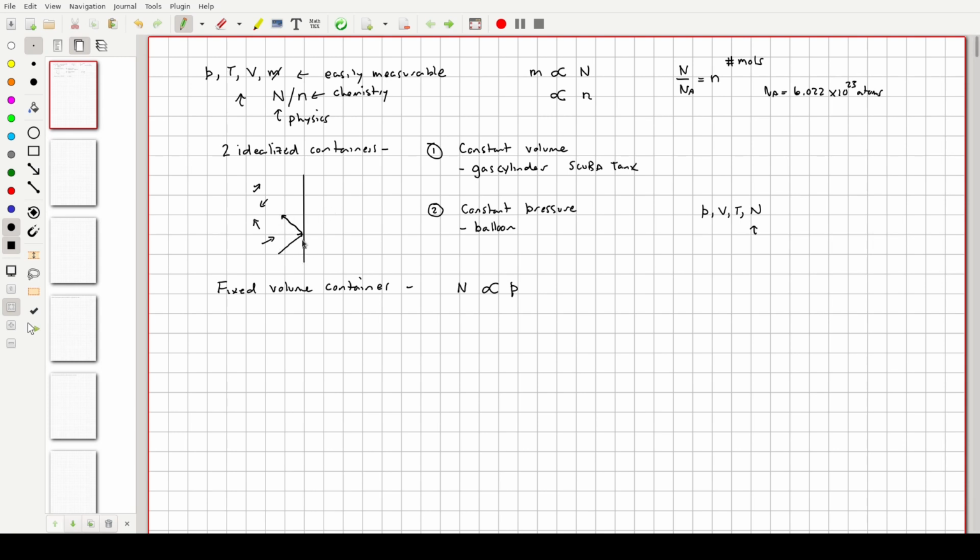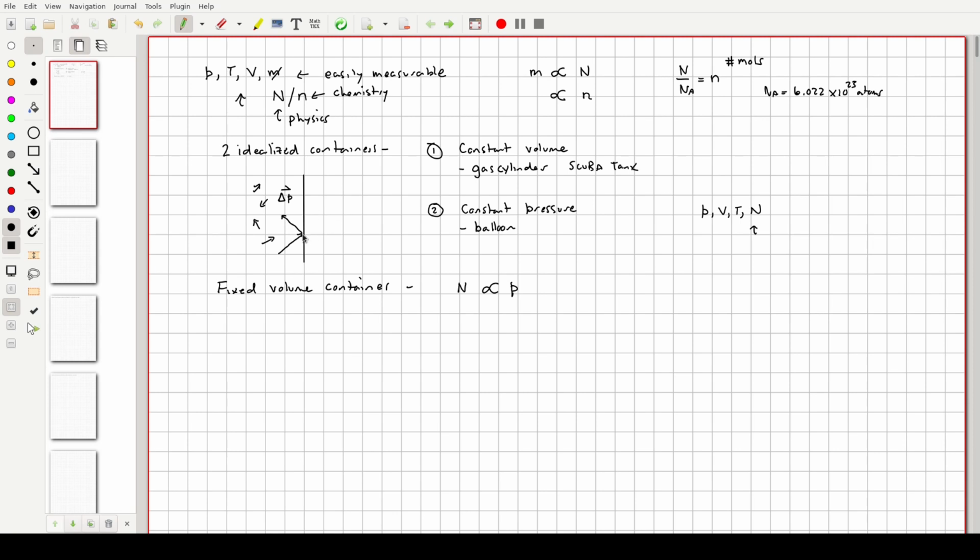So this gas particle experiences a change in momentum. I'm going to write this as P vector to differentiate between pressure and momentum here. If there's a change in momentum, we know from our discussion in university physics 1 that there was a force applied by the container wall on the particle.